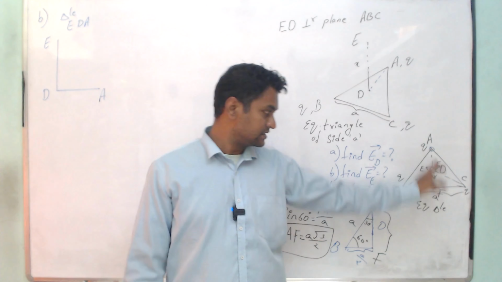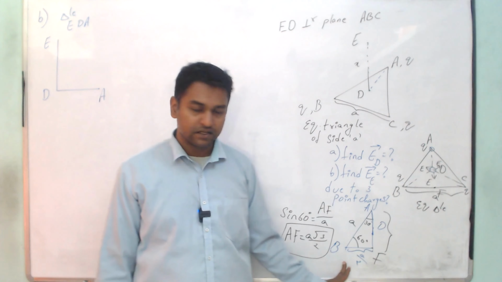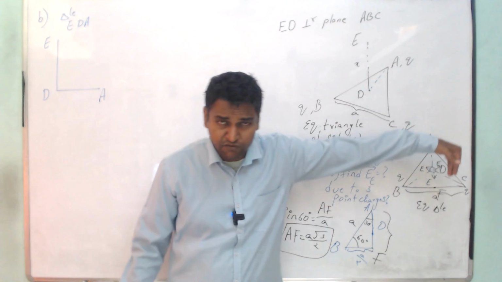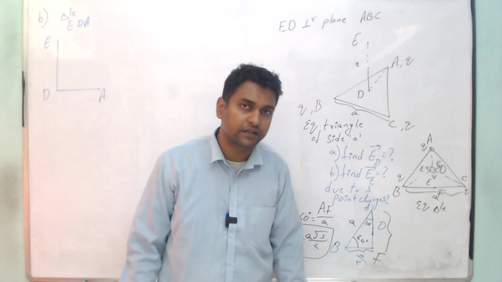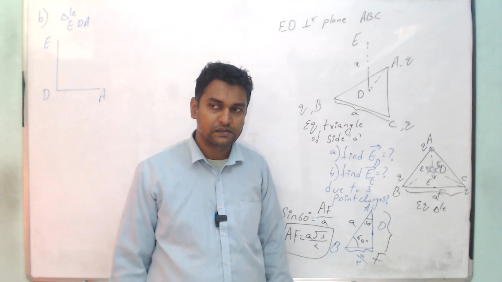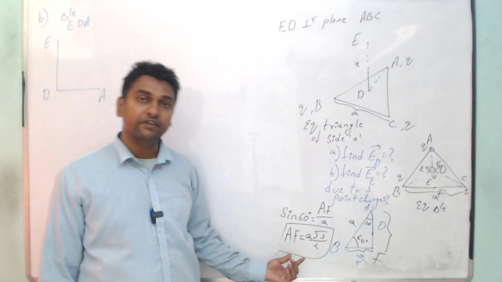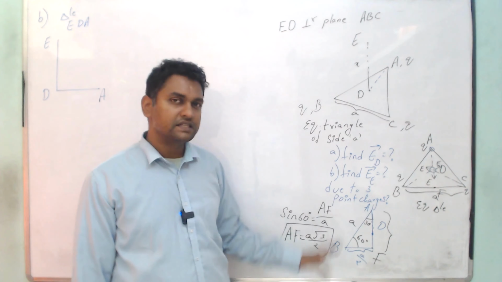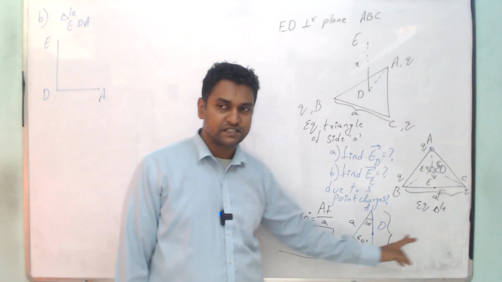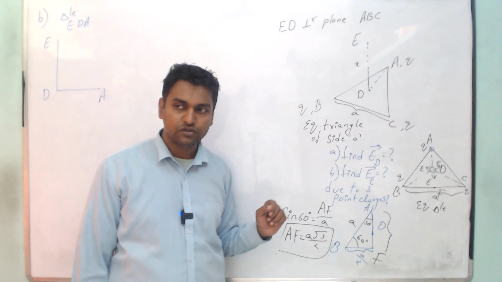Now I took this triangle AFB, which is nothing but half of my equilateral triangle. In this I found that the length of AF is a root 3 by 2. Sin 60 is opposite by hypotenuse.